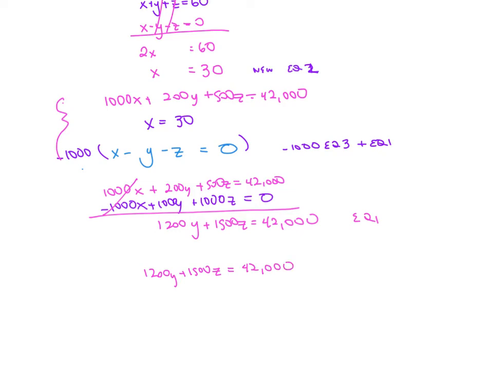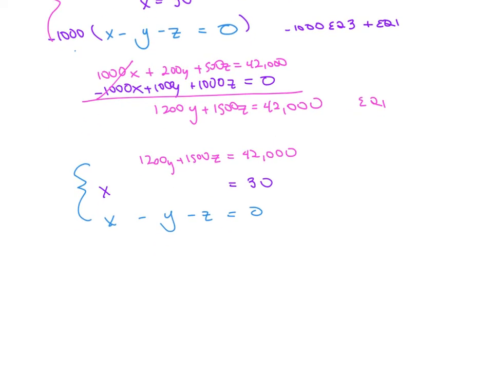Then we have that x equals 30. And we also have that x minus y minus z equals 0. So let's kind of change things around. I'm going to make that x equals 30 at the top, so I'm going to change it to equation 1. X equals 30. And then I'll have my x minus y minus z equals 0. And then 1,200y plus 1,500z equals 42,000.